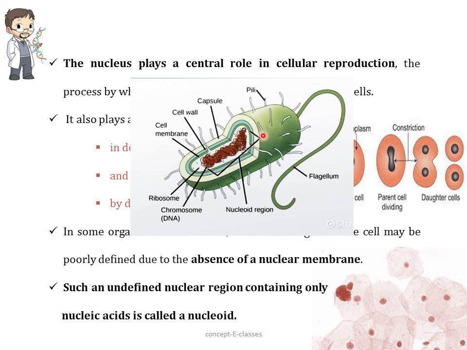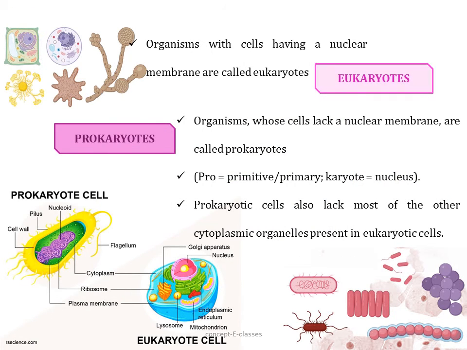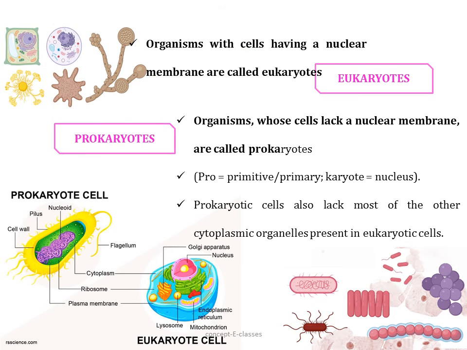So this region is a nucleoid region. Those cells which have a nuclear membrane are called eukaryotic cells, and those organisms are called eukaryotes. For example, plant cells, animal cells, fungi. Whereas those organisms whose cells lack a nuclear membrane are called prokaryotes.